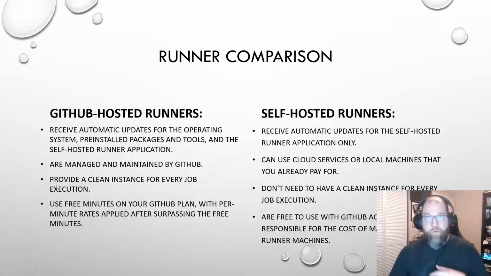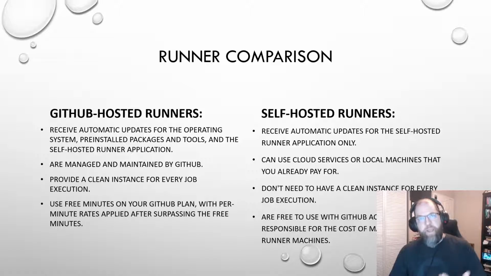Now, when you're running in the cloud, if you have a really big code base, if it has to download and recompile everything every time and your build takes an hour, that means every single time your build takes an hour. If you want to cache the results of your last build, so you only build the differences, so you bring your build times down to like 5 minutes, that's where self-hosted runners might work, because you don't have to do a clean wipe of everything every time.